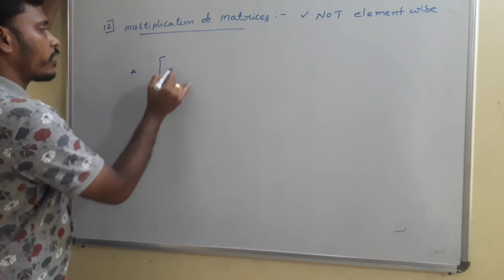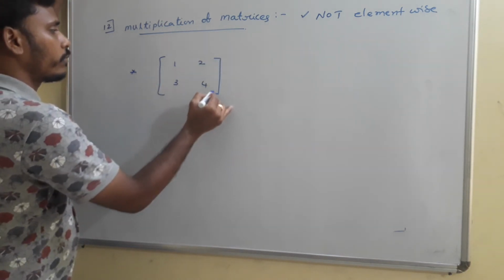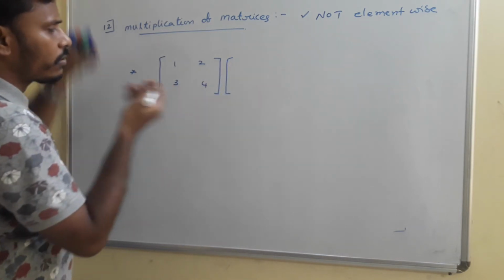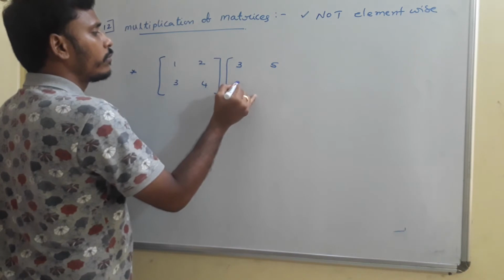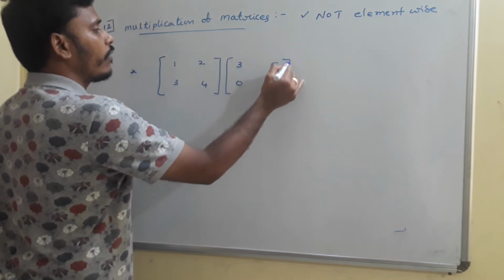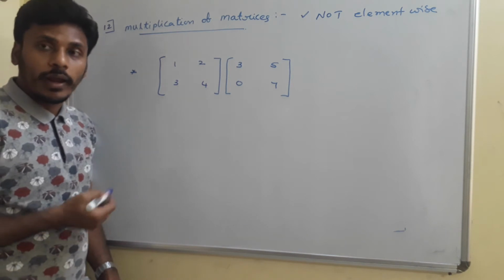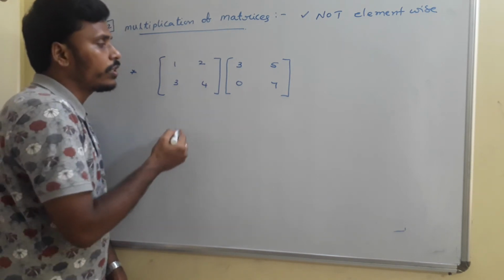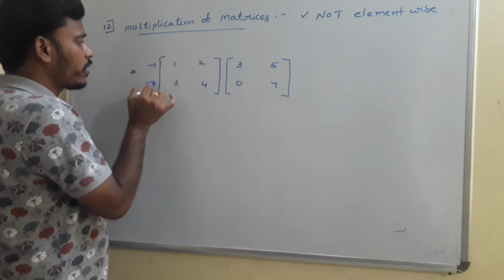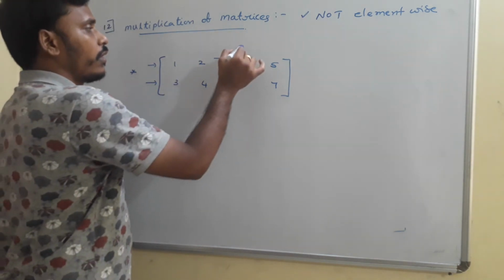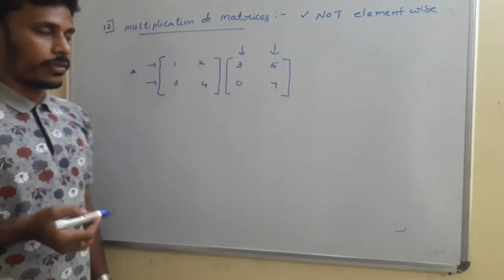For example, if my first matrix is 1, 2, 3, 4 and the second matrix is anything you may take, say 3, 5, 0, 7, and we need to multiply these two. Before writing, see, this is the first row and this is the second row of the first matrix; this is the first column and this is the second column of the second matrix.